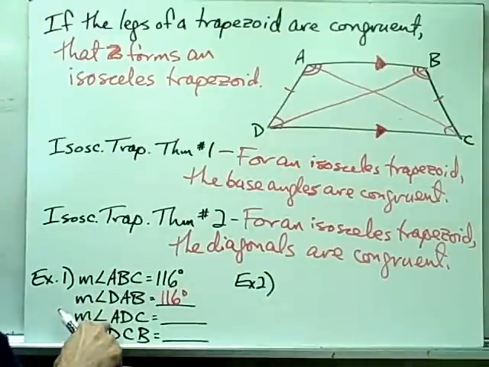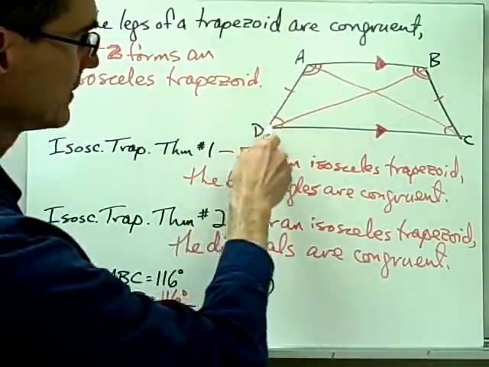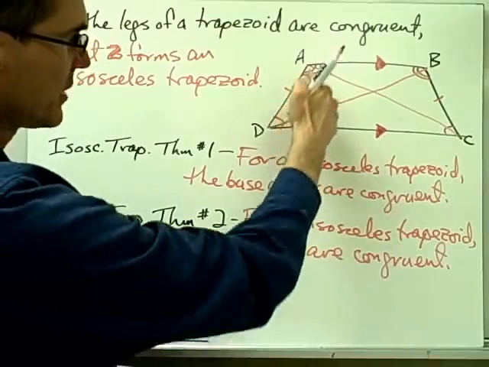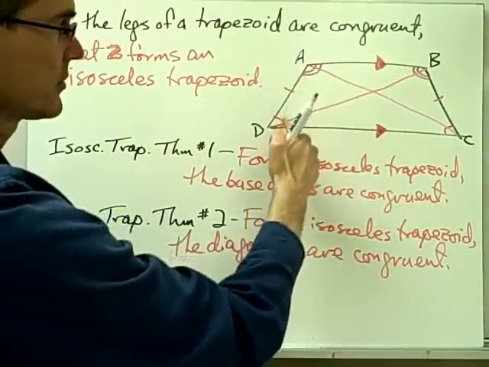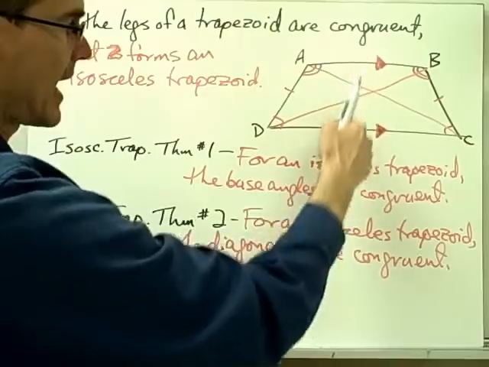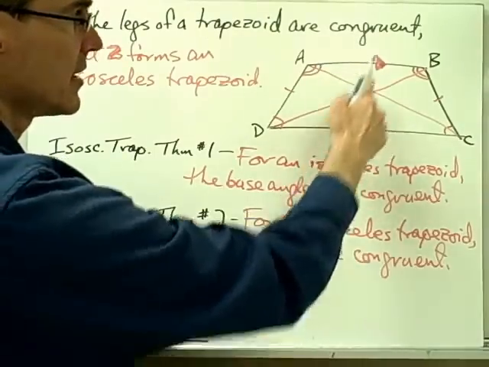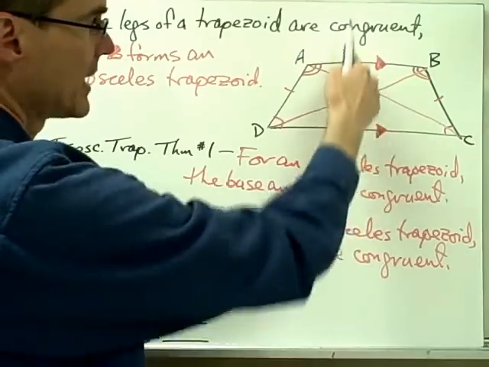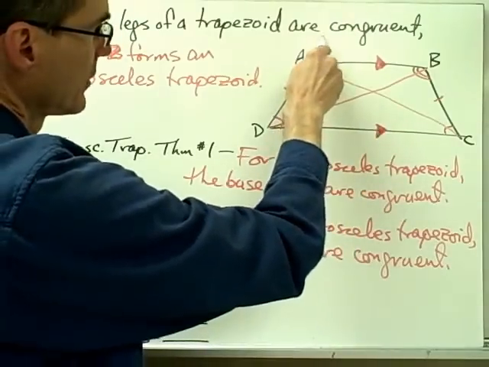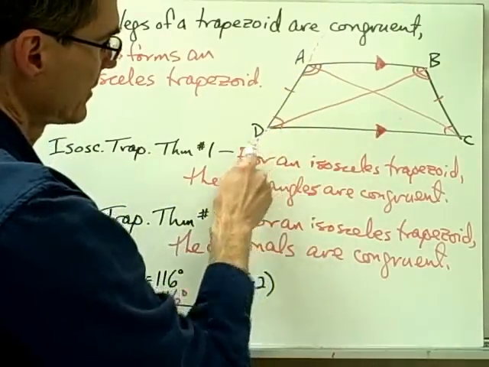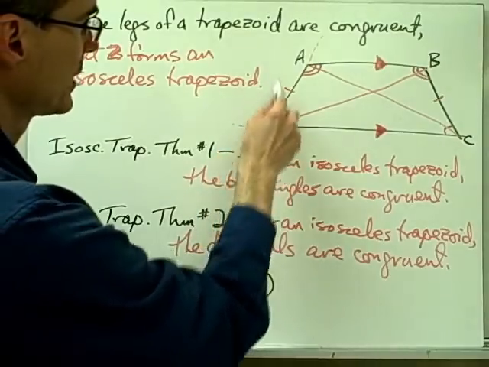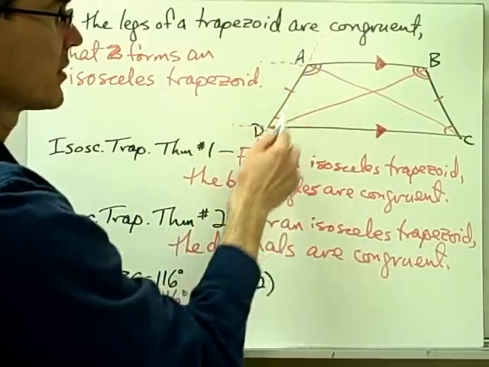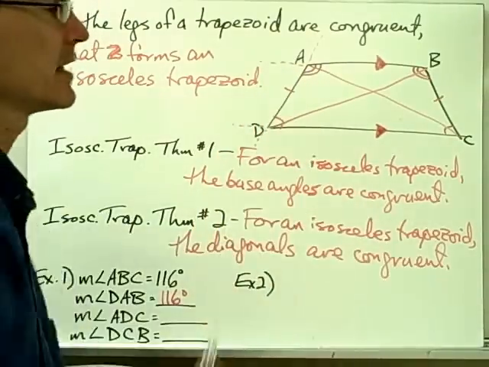Now, the measure of angle ADC, that's this angle down here. Now, these two angles here, they're not a pair of base angles, but we do know that side AB and side CD are parallel. And since these two lines here are parallel, I could actually extend this line out a little bit and see that I have two parallel lines cut by a transversal, and these two angles here are same side interior angles.